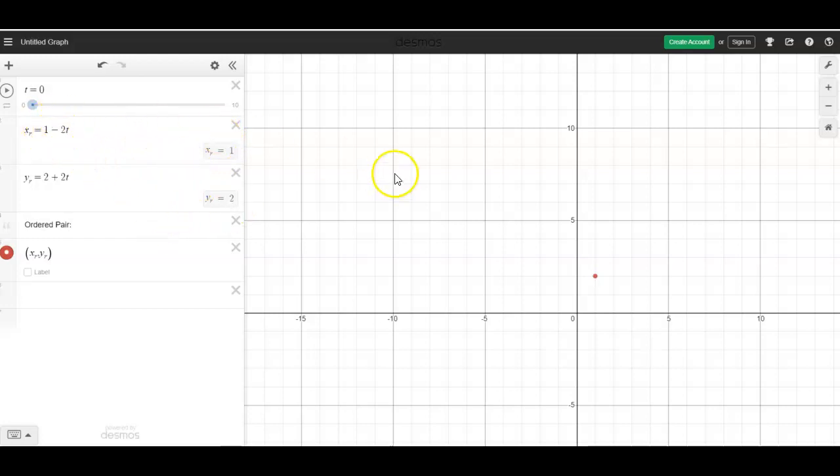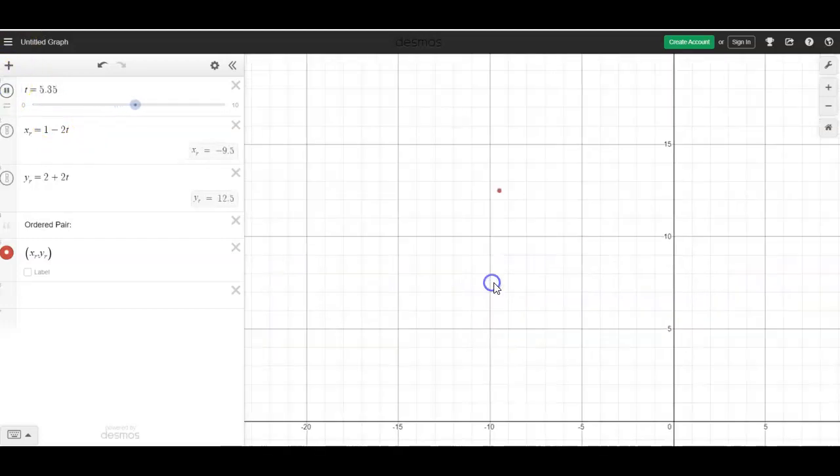This negative has no effect yet, but as soon as I press play, we're going to be decreasing that 1 by 2 units for every unit of time that passes. So watch where this point goes when I press play. That's going to go off in the other direction because the x value is actually getting negative since I'm subtracting 2t from it.